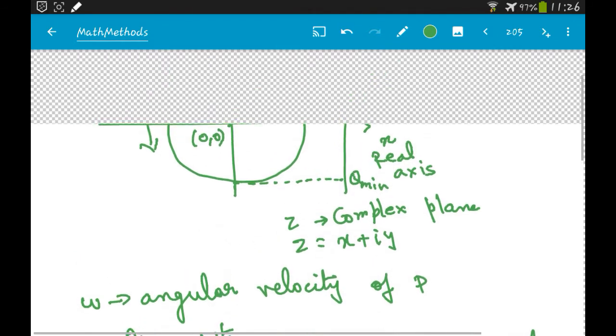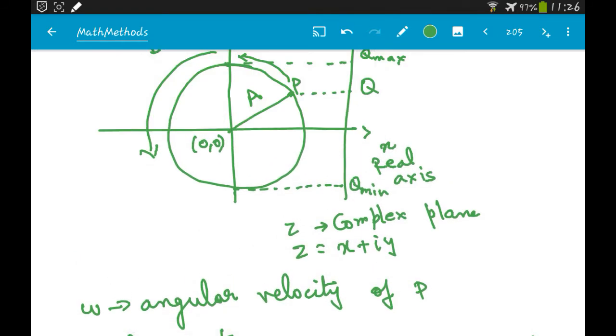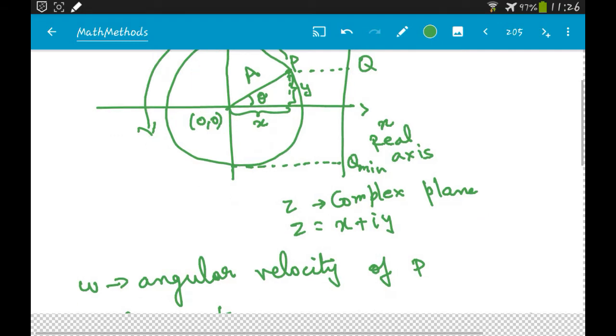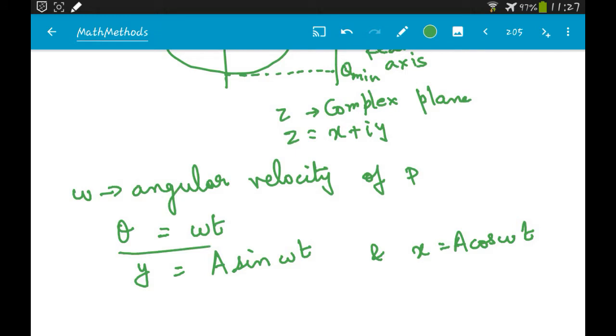Why? Because of this: this is going to be your y and this is going to be your x. If this is theta, then y is A sin theta and x is A cos theta, and theta is omega t. So we have y equal to A sin omega t and x equal to A cos omega t.